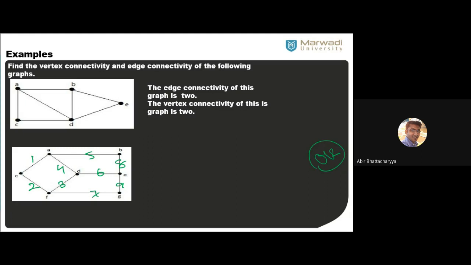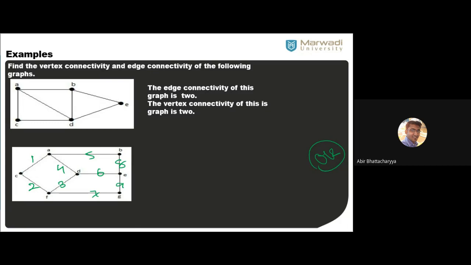Stand up. Vertex connectivity, AF. Yes, very good. ADG, but it is 3 vertices, right? Vertex connectivity means minimum vertex removal.